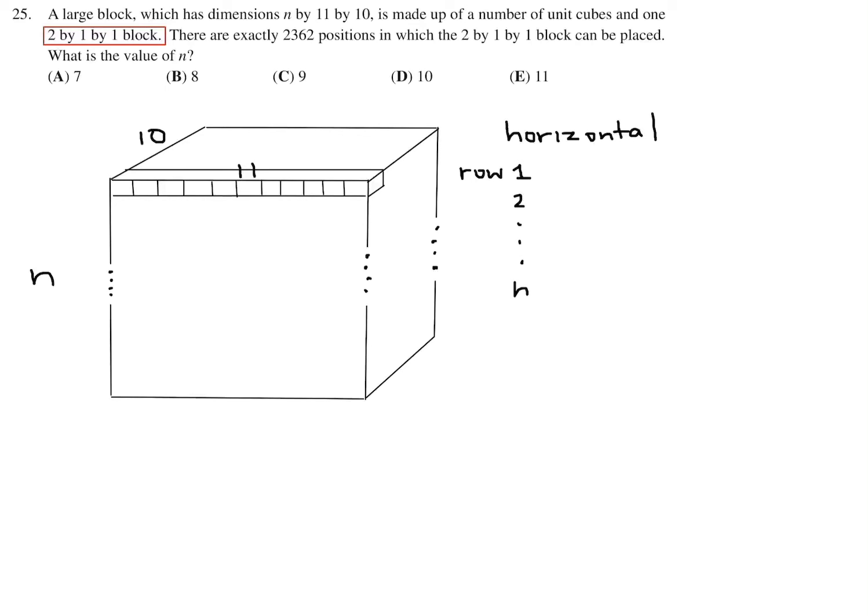And in the first row I can put it in 10 positions. It can go here, that's the first position, second position, and if you count all the way down, you'll get to 10 positions. So 10 ways of putting that block horizontally. So in row 1, there's 10 ways, row 2, there's 10 ways, all the way down to the nth row, 10 ways. So the total is 10n.